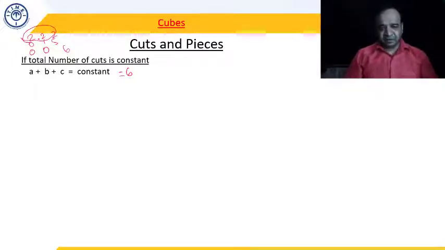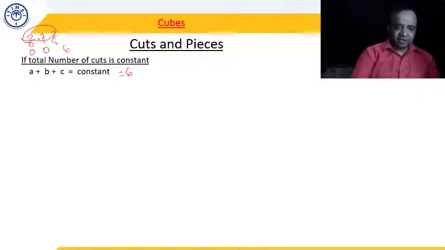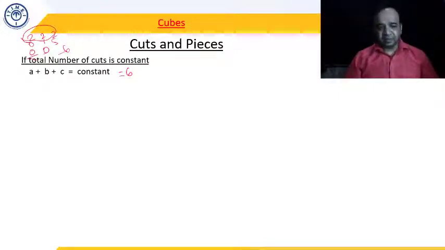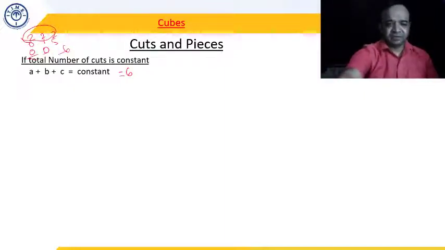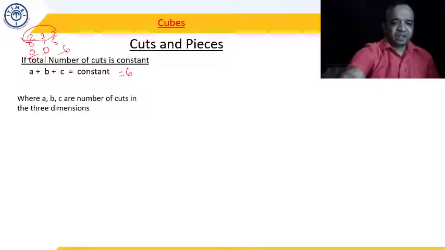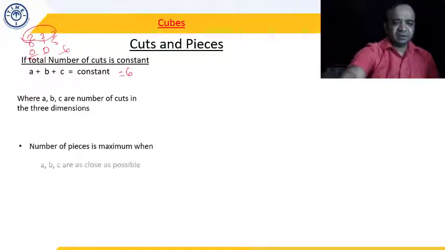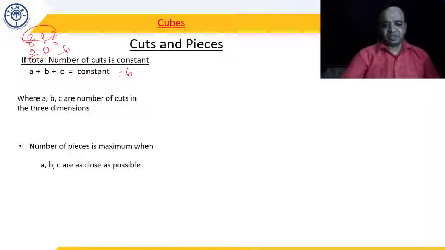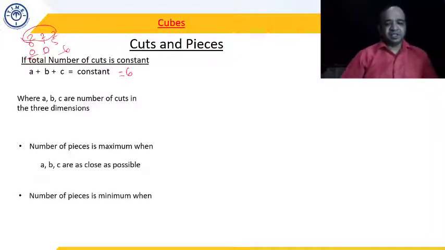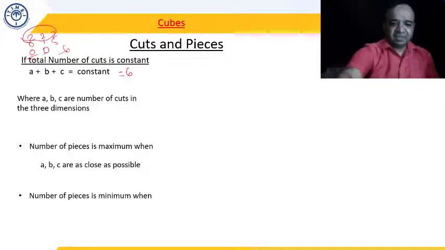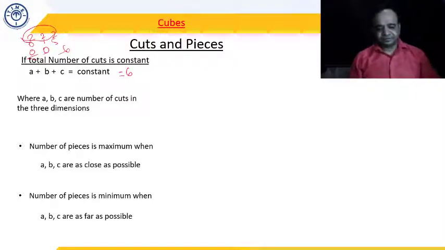And if these cuts A, B, C are as far as possible, then we get the minimum number of pieces. So this is the conclusion in generalized form, where A, B, C are the number of cuts in the 3 dimensions. The number of pieces is maximum when A, B, C are as close as possible, and minimum when A, B, C are as far as possible.